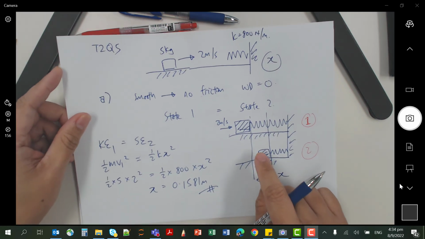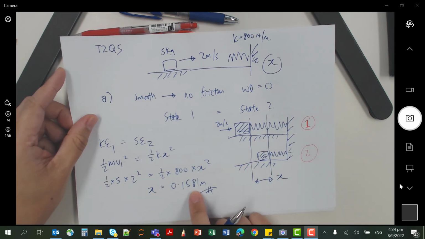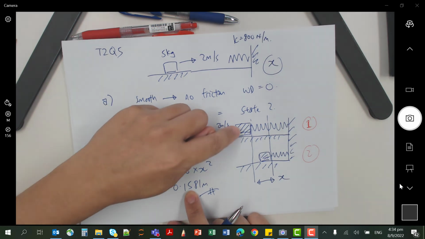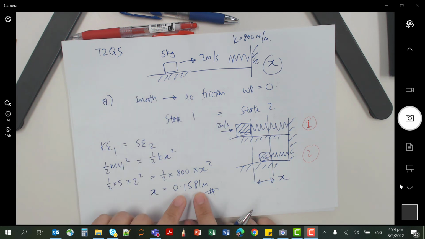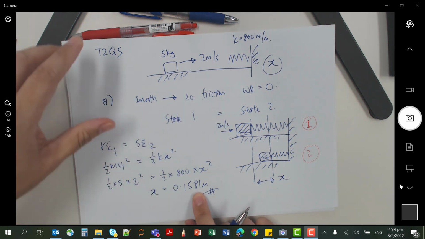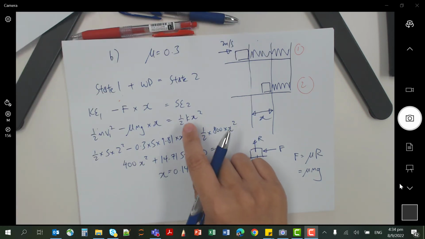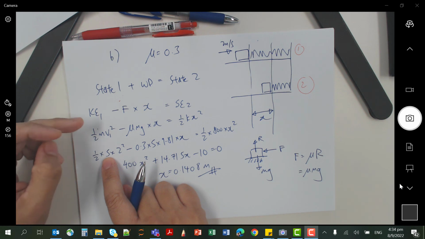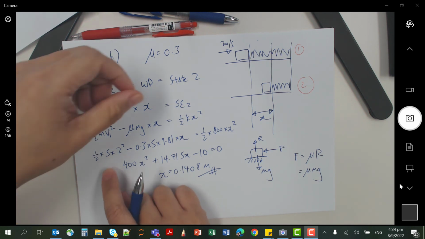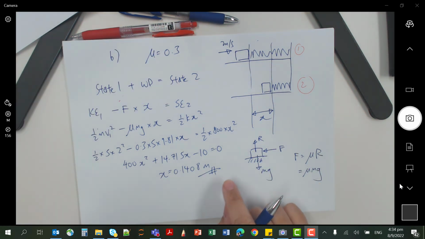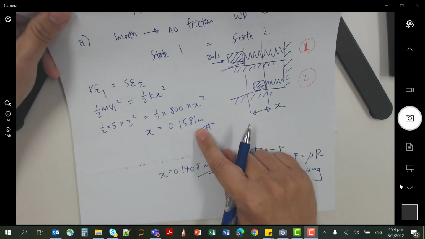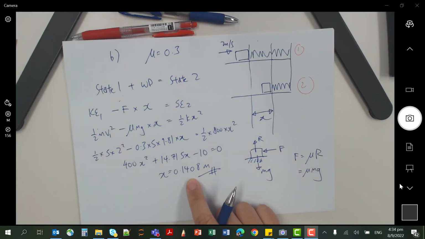Just now, without friction, the compression is 0.158, which means the initial kinetic energy is able to compress the spring that much. But now with the friction eating up the initial kinetic energy, you are left with a little bit less to compress the spring. So it is only natural that the spring gets compressed a bit less compared to 0.1581. So this one is logical.